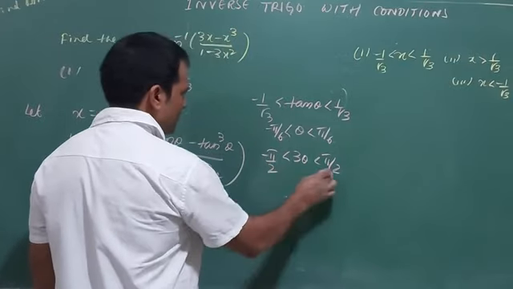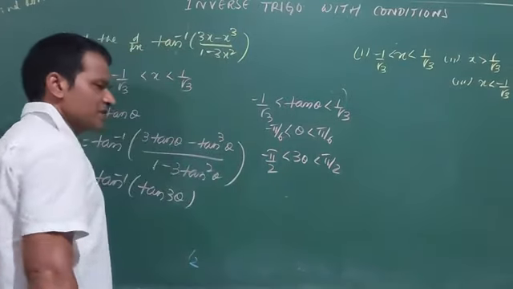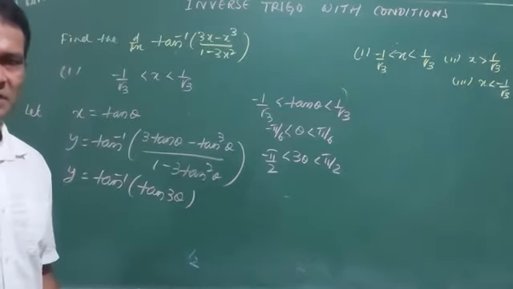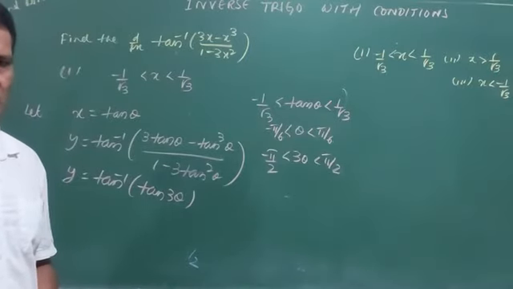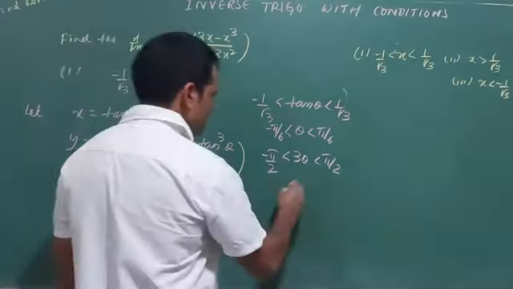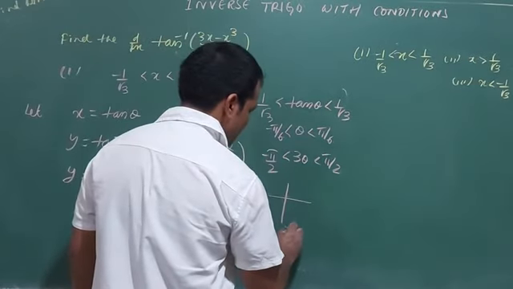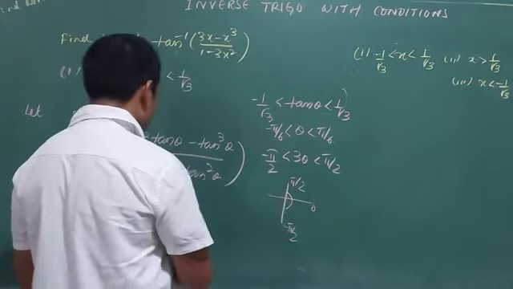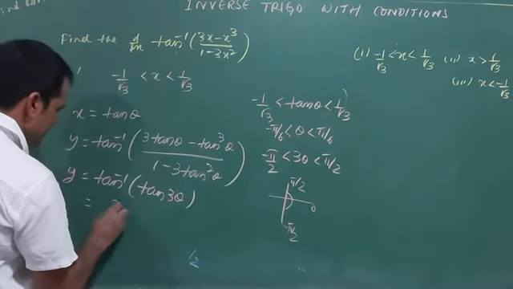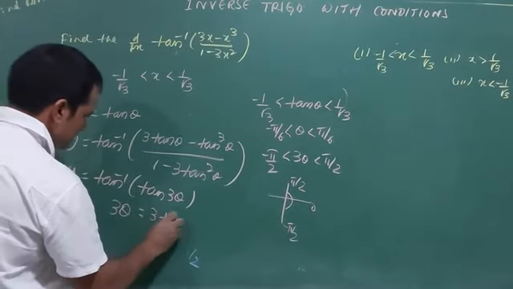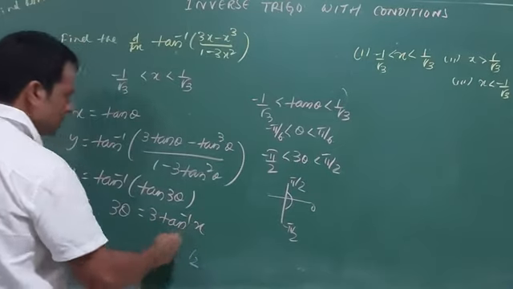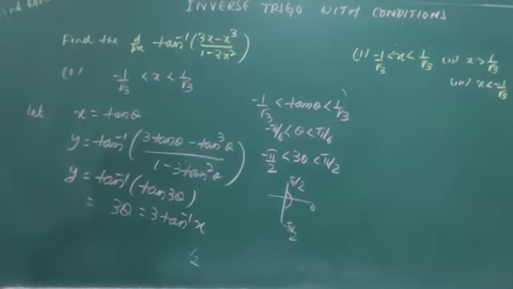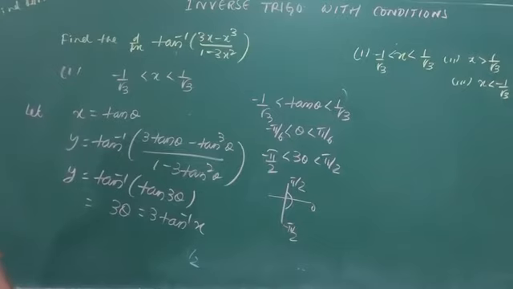And you see this is the proper range of tan inverse x. What is the range of tan inverse x? Minus pi by 2 to pi by 2, open interval. As I am standing in my proper zone, there is no change to the answer. Its answer will be 3 theta, that is 3 tan inverse x. Then go for the derivative of it. That's the answer for the first one.